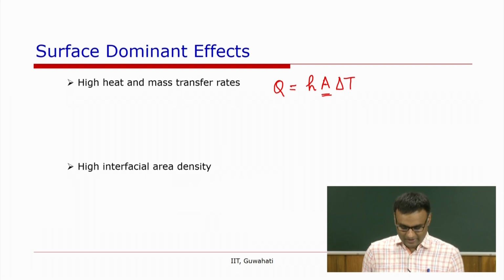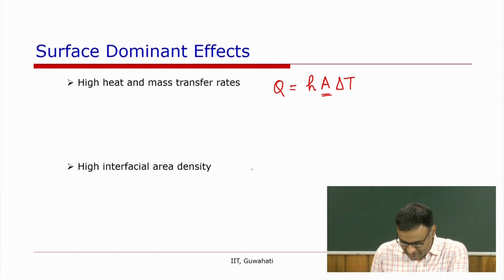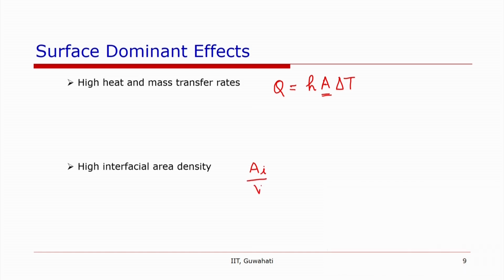The interfacial area density, the interfacial area A_I per unit volume, is again proportional to 1 over L. It will be of the order of 10 or 100 in conventional channels, whereas it can go up to 10 to the power 3 or more in microchannels.